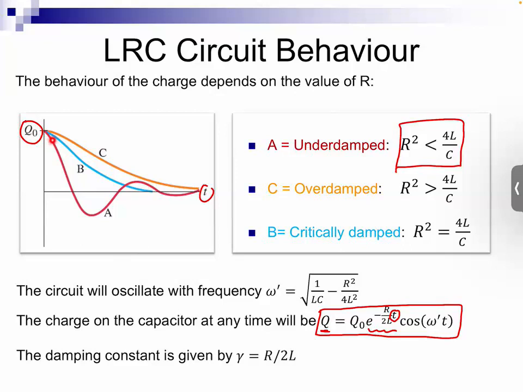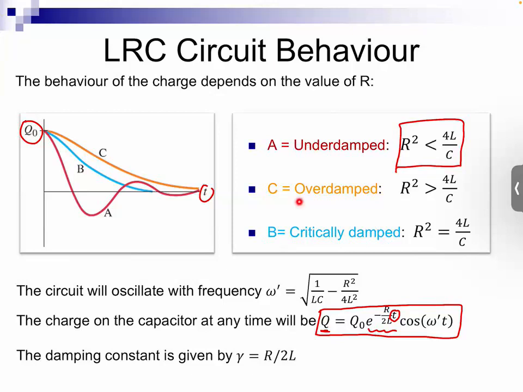So at some point, all the energy is in the capacitor. At another point, some energy, not all, because some would have been dissipated by the resistor, would have transferred to the inductor. Then a smaller amount, as over time energy gets dissipated, is transferred back to the capacitor, and so on. That's for the underdamped case.